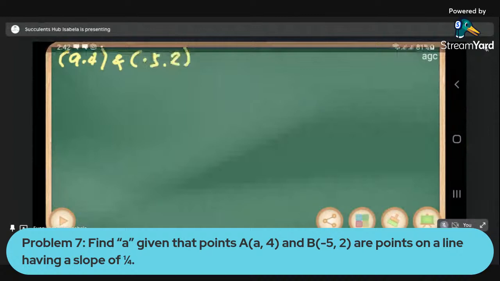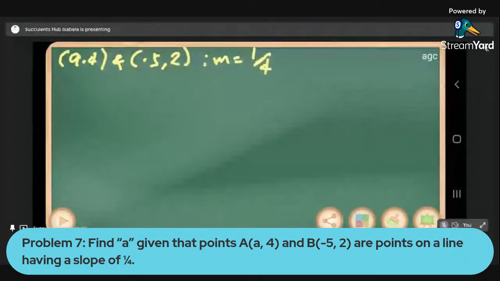Ayan. So yan yung points ninyo. And then given yung slope m, which is equal to 1/4. Yan yung slope natin. 1/4 siya. Okay?